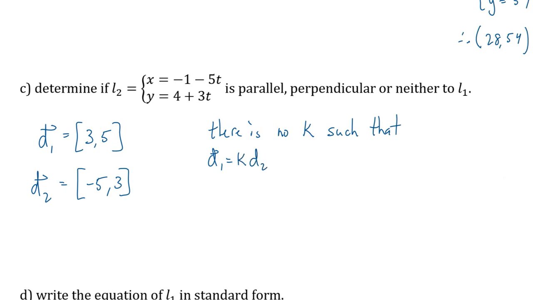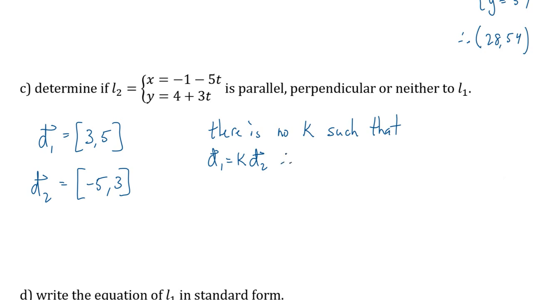And how do I know that? Just by inspection. I can't take a multiple of this and turn it into that, right? If I had 6, 10, well, that would be 2 times d1. That's what we mean, reminder, by a scalar multiple. But there is no such k.